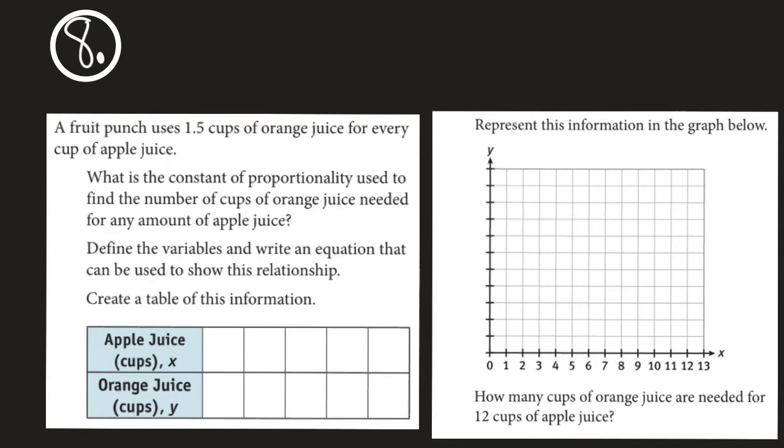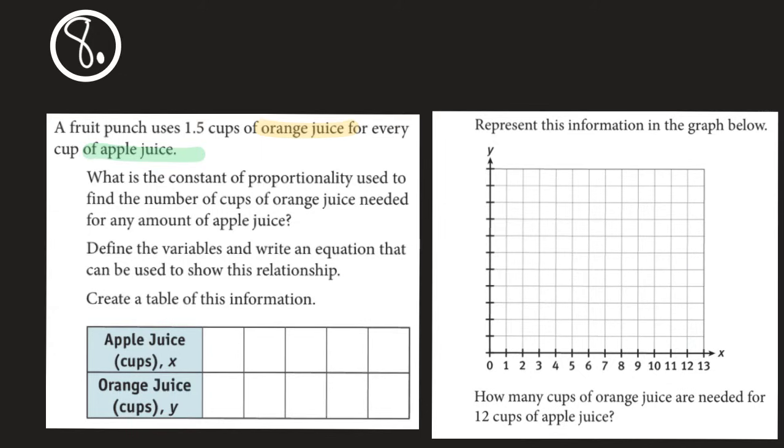Here's a circumstance where we have fruit punch and it uses 1.5 cups of orange juice for every cup of apple juice. So I already know what I can write inside of my table down here.